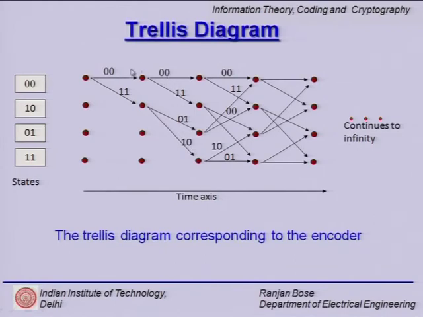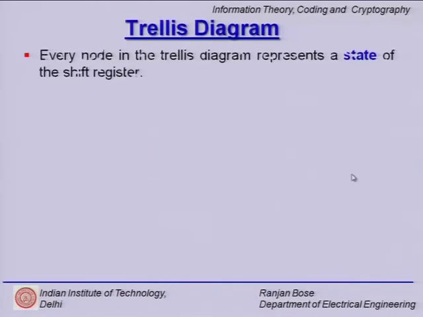Since n is equal to 2, you will always find 2 bits written on every branch. So, this is a recast of the state diagram in terms of a trellis diagram. It is semi infinite: we know where it starts, it does not end until infinity. So, it continues to infinity, therefore we call it semi infinite.